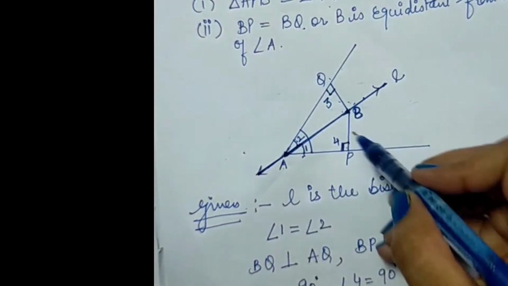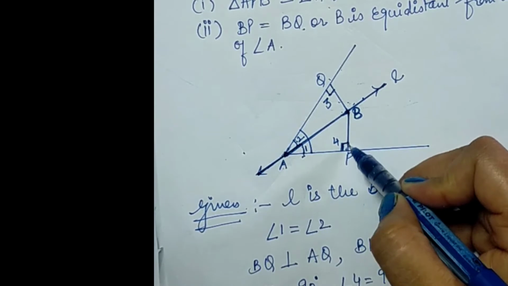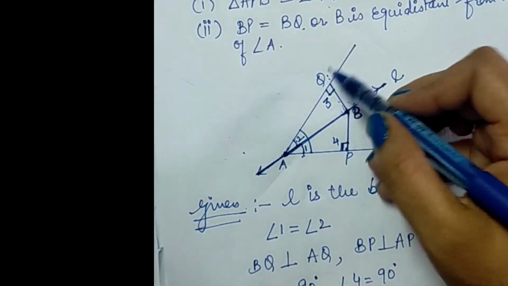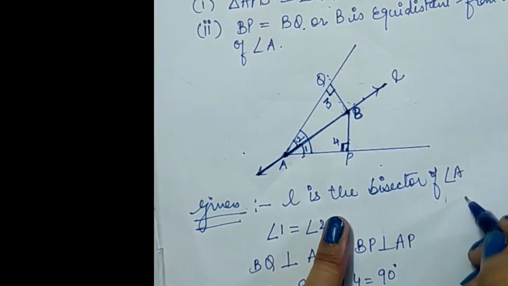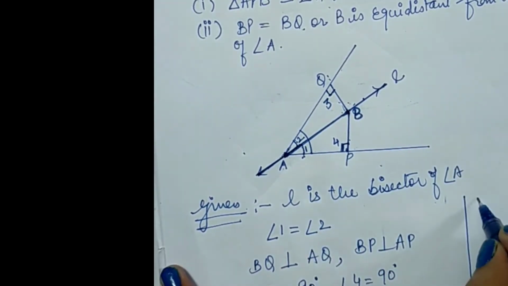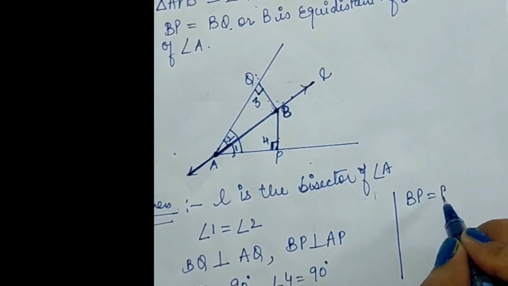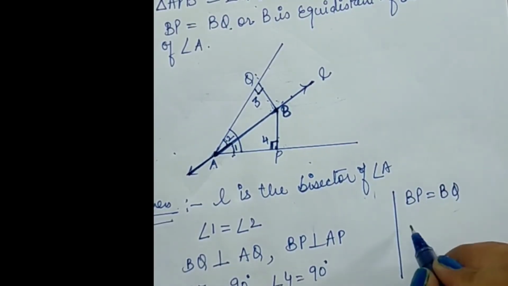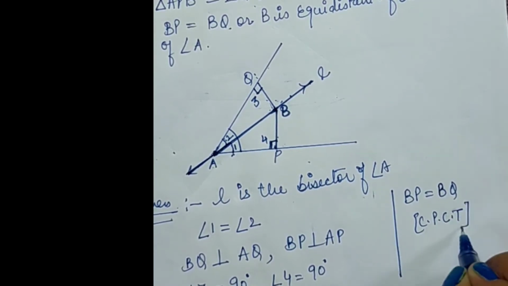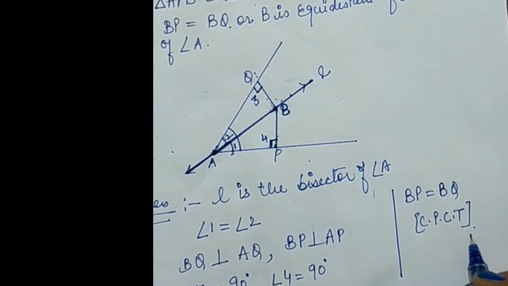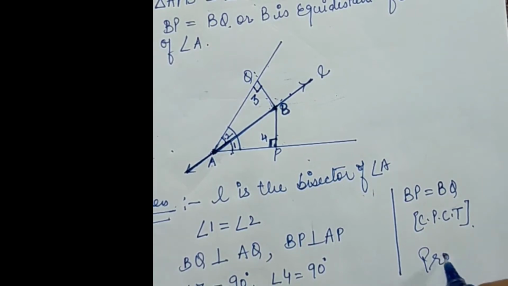You can see BP is the side of this triangle and BQ is the side of that triangle. So by CPCT these sides are also equal. BP is equal to BQ by CPCT. That means corresponding parts of congruent triangles, and hence proved.